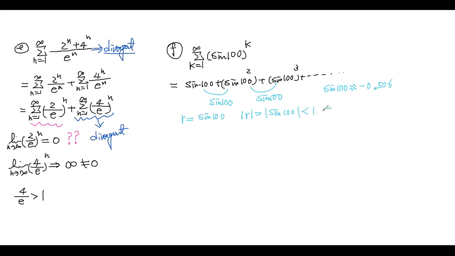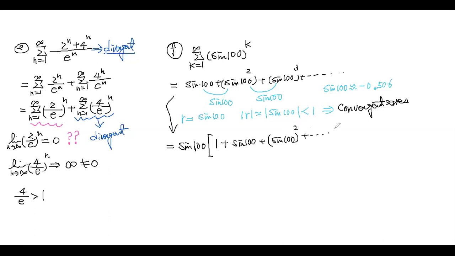So what is this? By the geometric series, I know this is a convergent series. Yes, this is geometric, so I can use the geometric formula. Before we use it, I need to take out the sine 100, so I change it to the term 1 plus r plus r squared, right? So the first term is 1, the second term will be sine 100, the third term will be sine 100 squared, and so on.